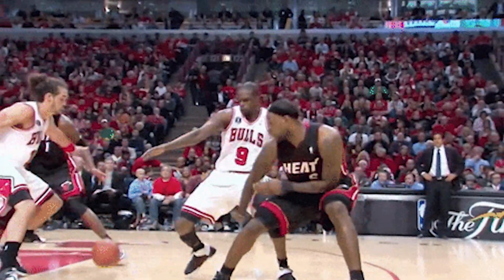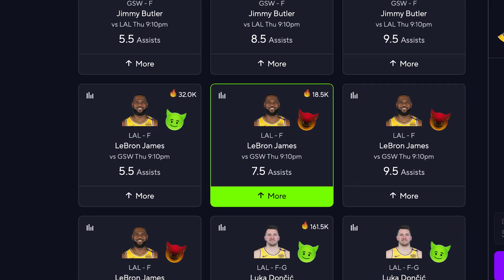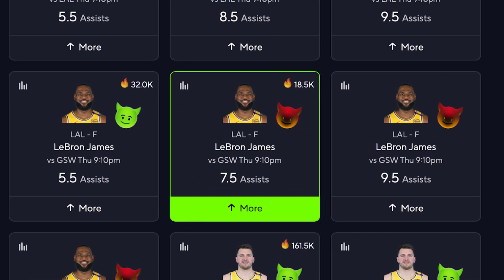The easiest way to visualize this is, let's say we're trying to figure out the likelihood of LeBron James getting over 7.5 assists in the game tonight. And we have a model, and the requirement to make that a model is that it tells us some percentage chance that LeBron gets over 7.5 and under 7.5 assists in that game. And that's what we call a fair probability.